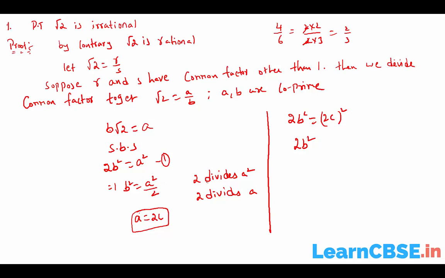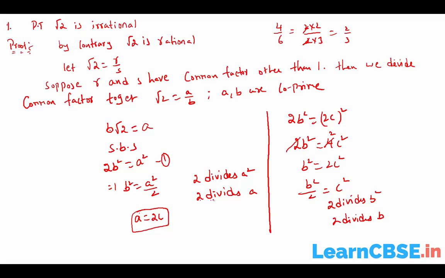So that equals 4c square. Now again b square equals 2c square. That is, b square by 2 equals c square. Again here 2 divides b square, then 2 also divides b according to the theorem.